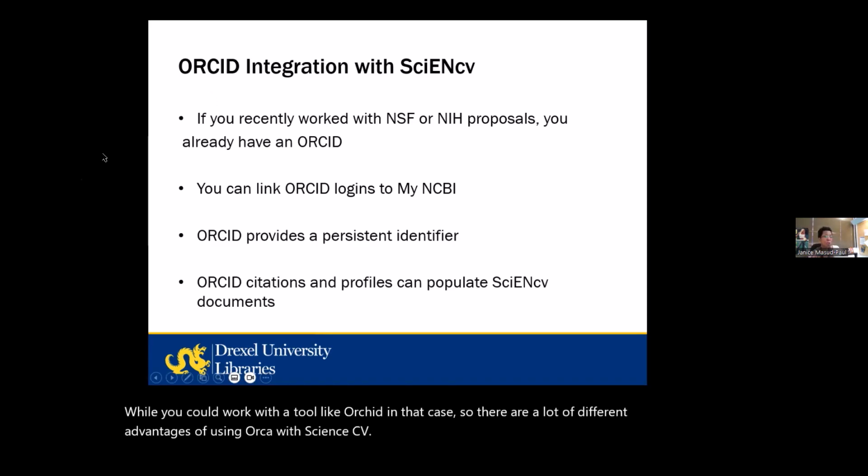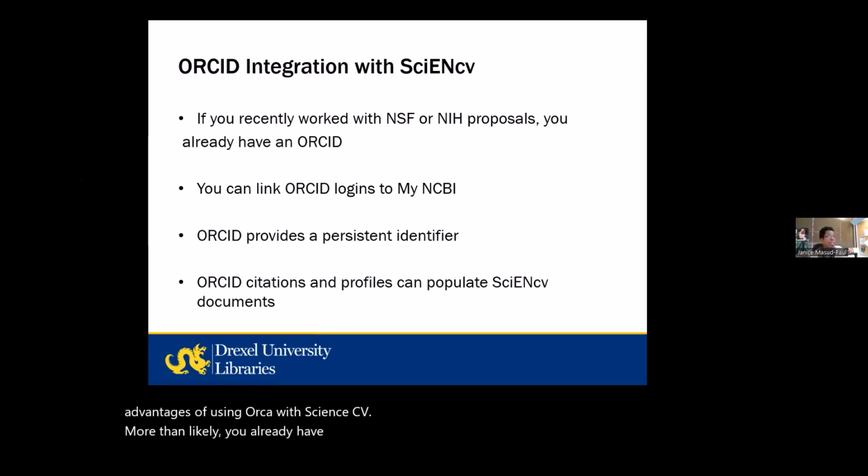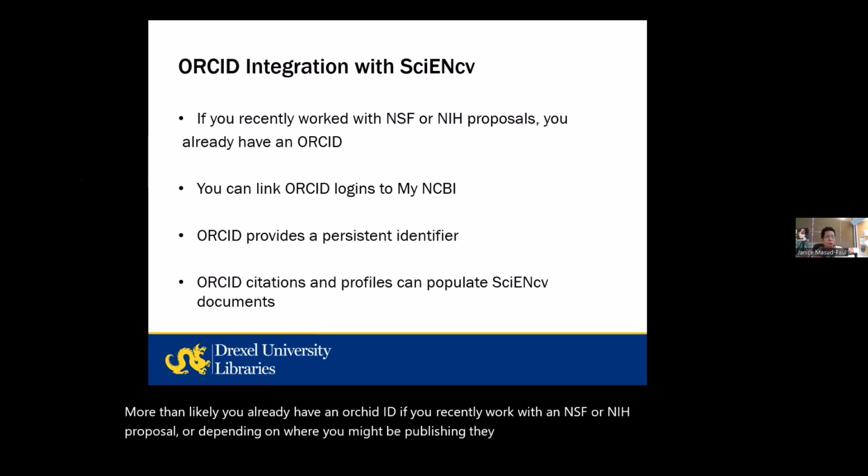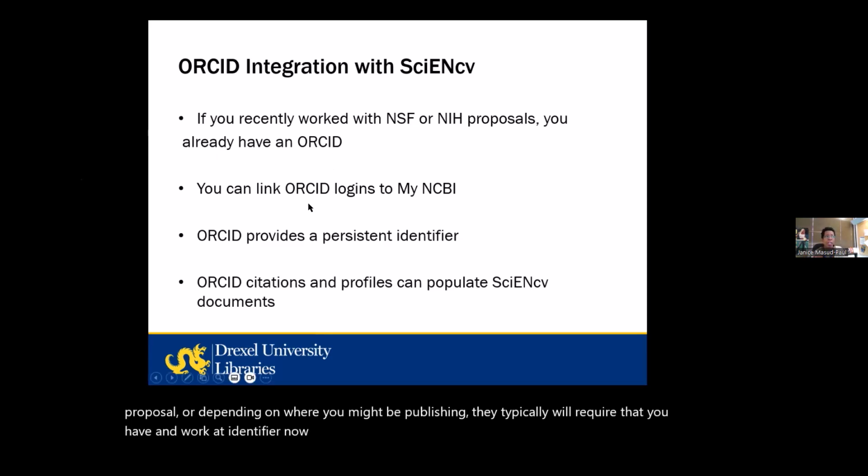More than likely, you already have an ORCID ID if you recently work with an NSF or NIH proposal, or depending on where you might be publishing, they typically will require that you have an ORCID identifier now, and you can link information from your ORCID login into My NCBI.